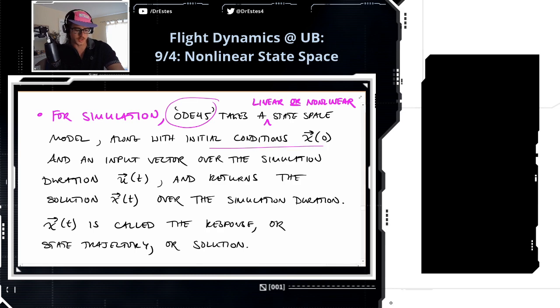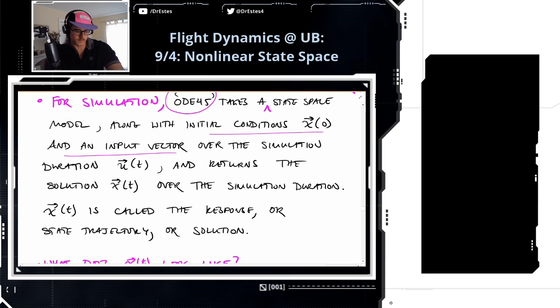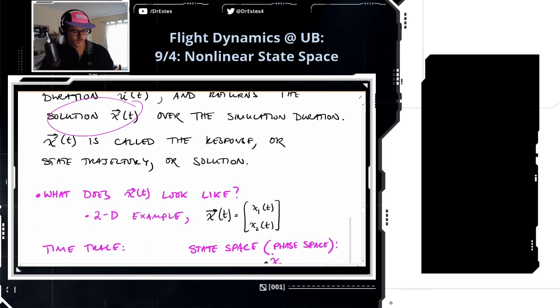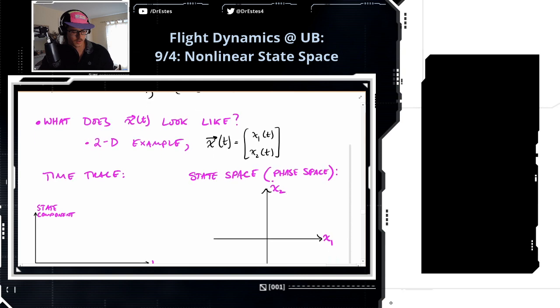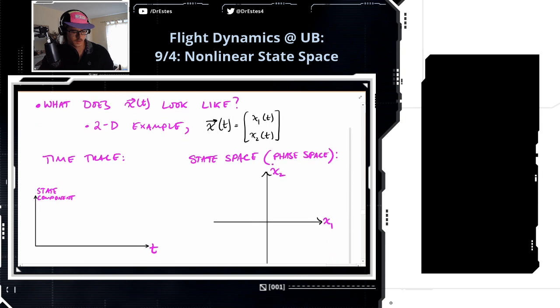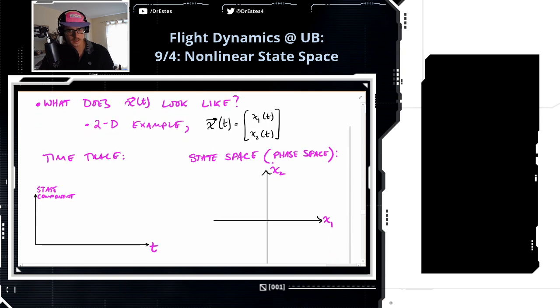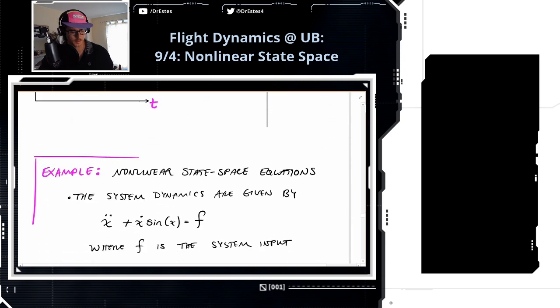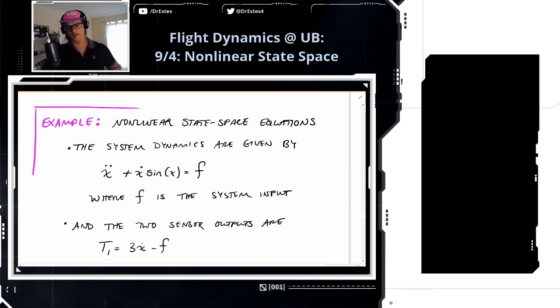You give it some initial conditions, you give it an input vector, and it runs the simulation and gives back your solution. I want to skip this and get right to the example. Let's do it.